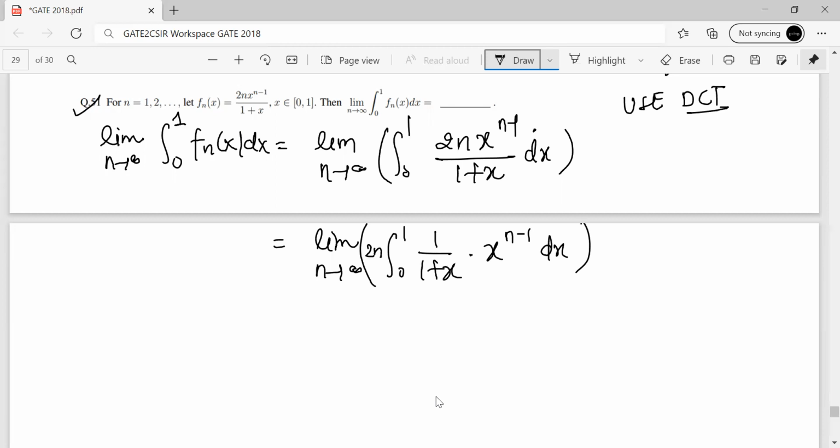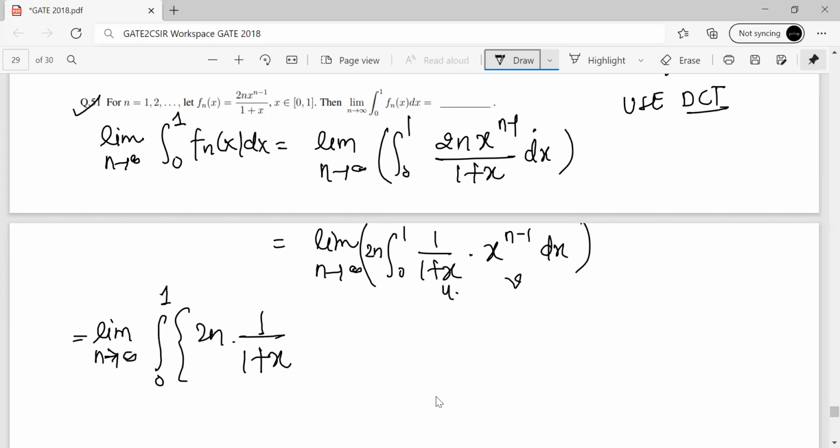If I apply that, then this will be my u and this will be my v. I'll write it a little larger. The limit as n tends to infinity, and this is the integration from 0 to 1. This 2n will remain, u will remain as it is, and the integration of x power n minus 1 will give me x power n upon n, with the limit going from 0 to 1 for this quantity.